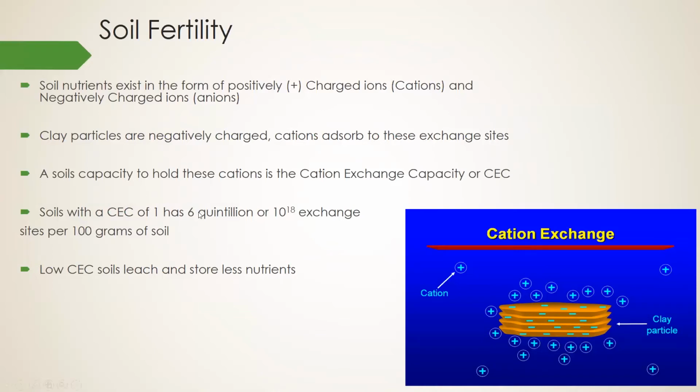So that's a lot of zeros behind it. That's how many of these negatively charged exchange sites exist in 100 grams of soil. So it's quite an extensive chemical operation happening in the soil.